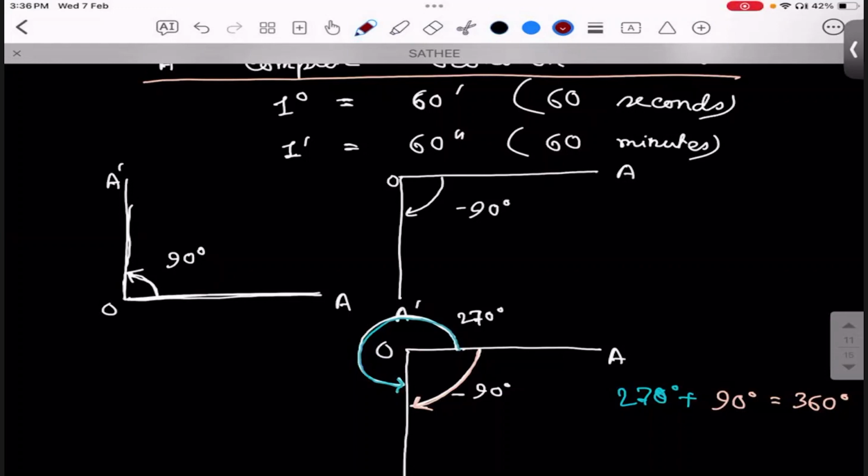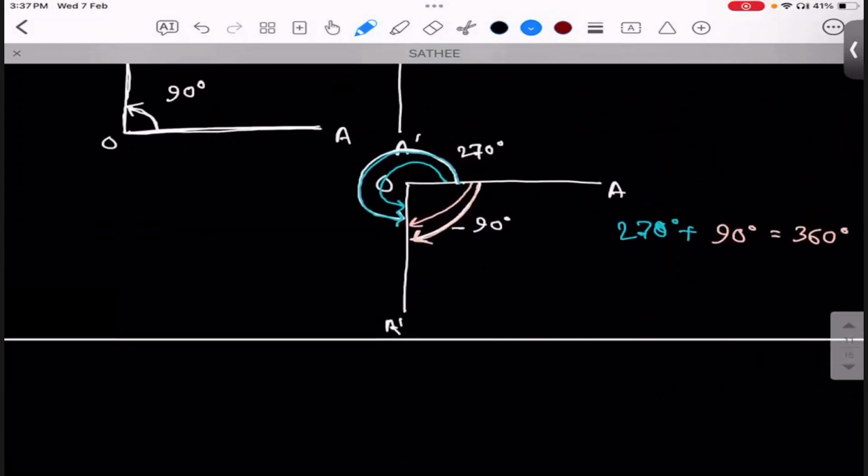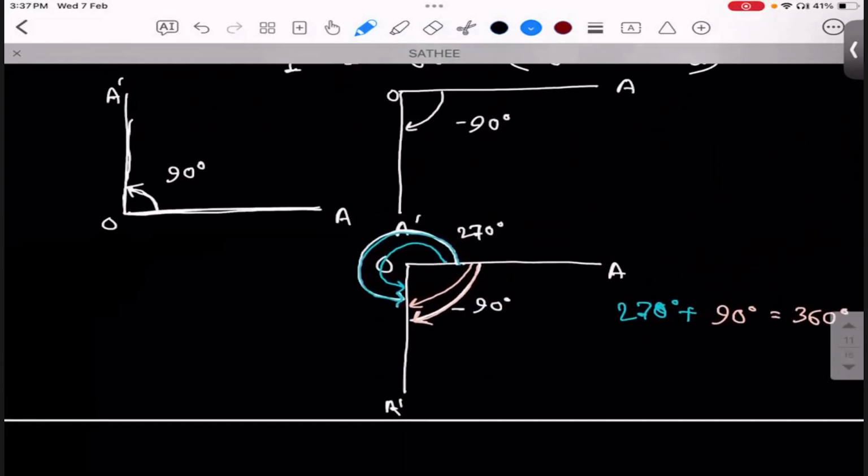If they know that this angle is 90 degree, then they can easily find that this angle will be 270 degree. They don't need any instrument to measure this angle explicitly. They can just subtract 90 from 360 and they will get this bigger angle. So by this process, we can find two angles between the initial state and terminal state.